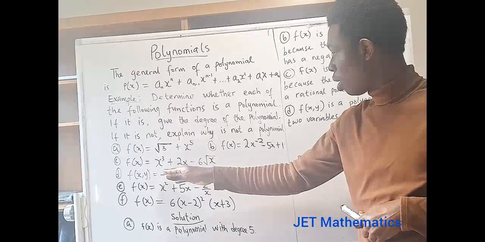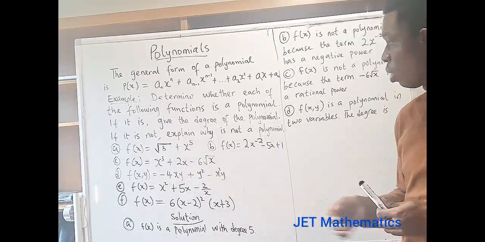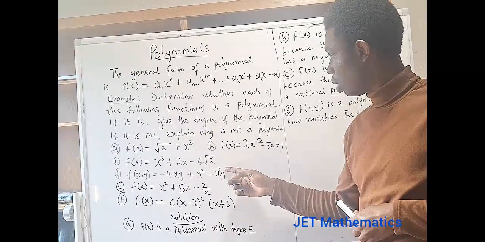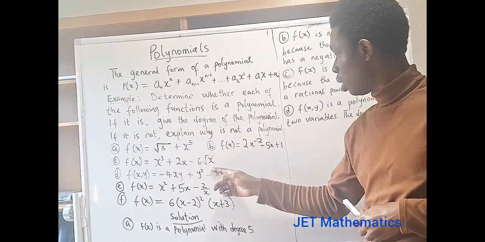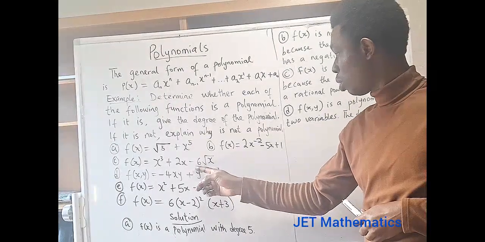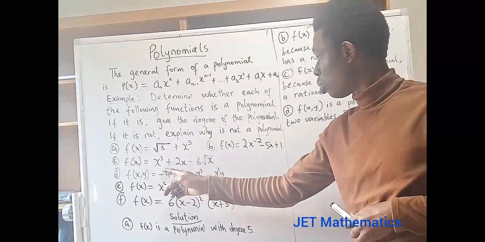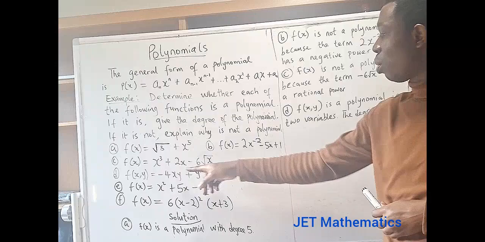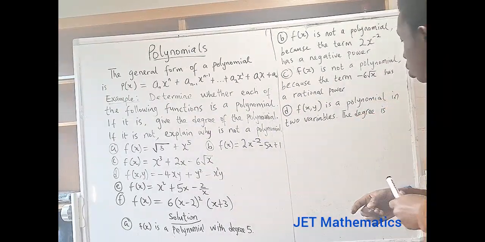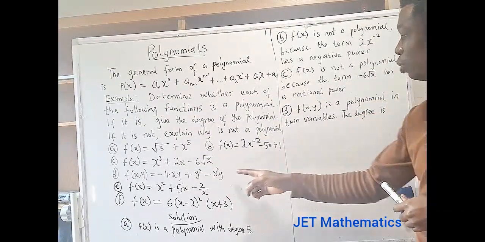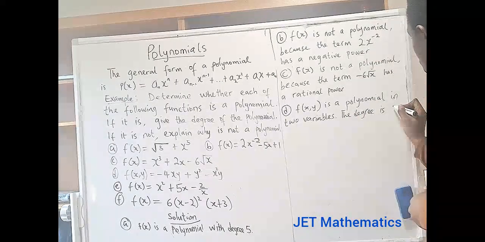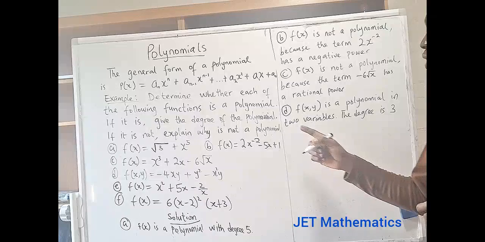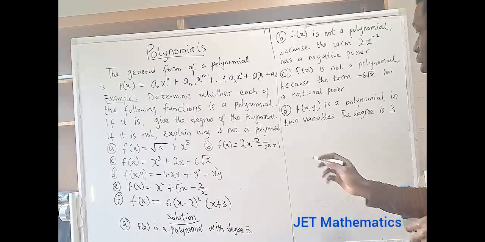So the highest power in this polynomial is 3, because this term has total power 3, this one has total power 2, and this one has total power 2. So the degree of this polynomial is 3.